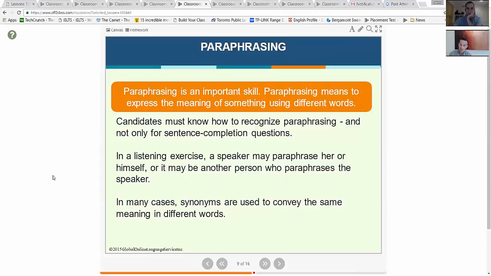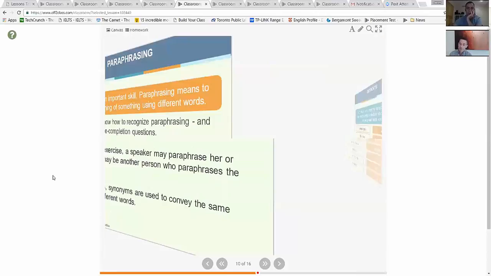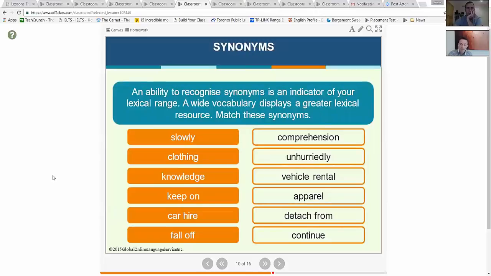In the recording itself, paraphrasing is used all of the time. Briefly touch on synonyms, although don't make this a focus of any lesson with an IELTS candidate, because if they are sitting the test, English vocabulary is so large, like any language, that it is impossible to think that by teaching them extra vocabulary, this is really going to assist them in the IELTS test.